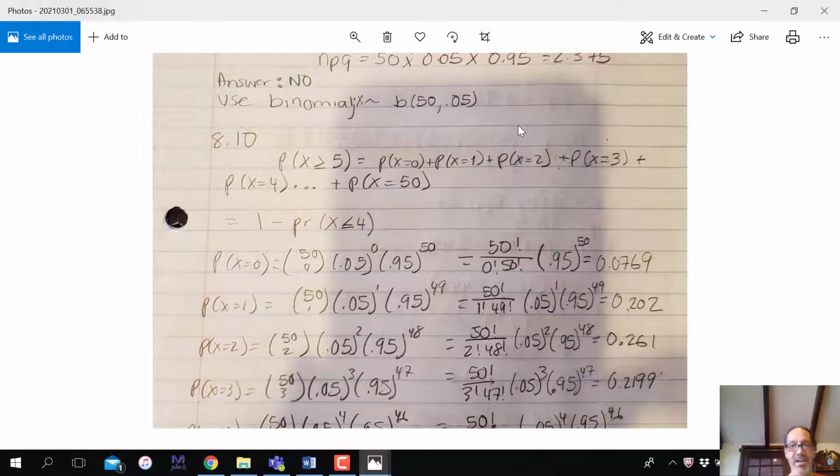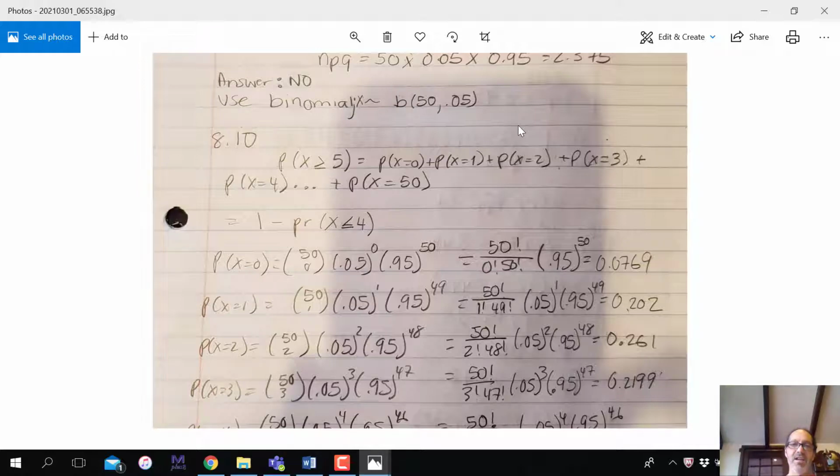Because of that sad answer, you'll see that to answer the next question, we have to actually use the binomial. The second question, 8.10, is the pediatric asthma survey again. In the survey introduced in exercise 8.9, what is the probability of observing at least 5 cases in a sample? So we have 50.